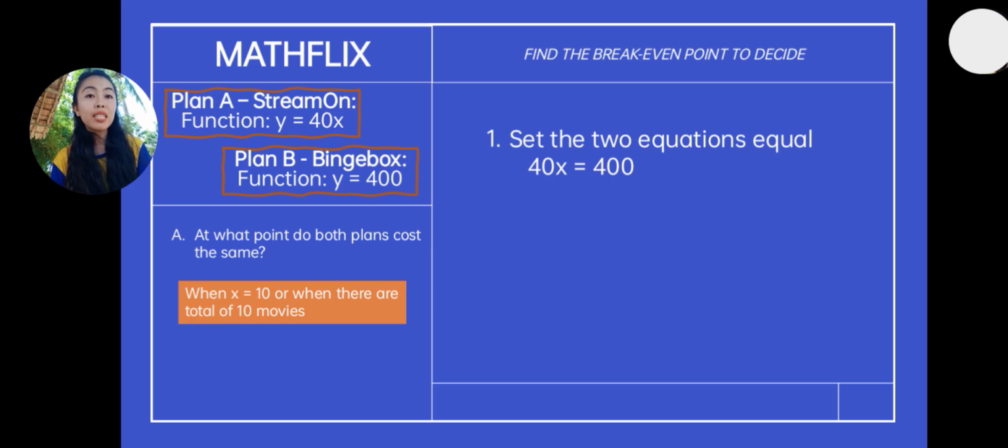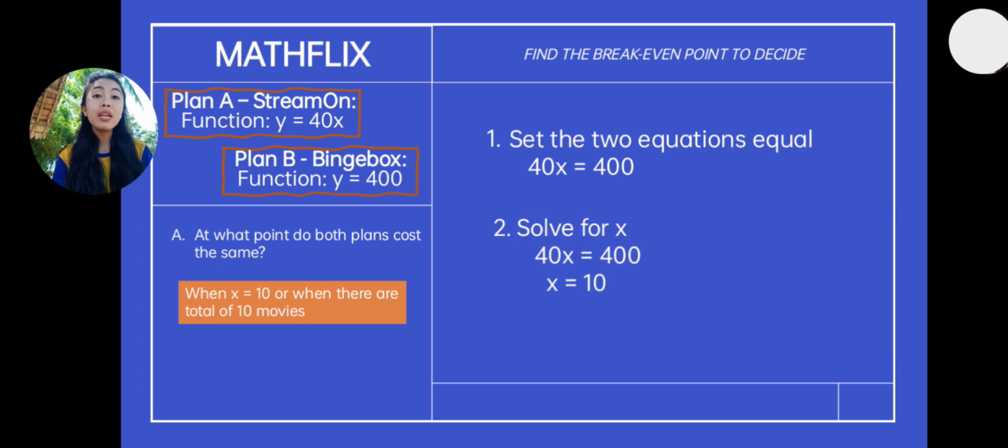We have y is equal to 40x and y is equal to 400. Setting them equal, we now have 40x is equal to 400. To find the break-even point, the x, we're just going to divide both sides by 40, the numerical coefficient beside x. So we divide both sides of the equation by 40.